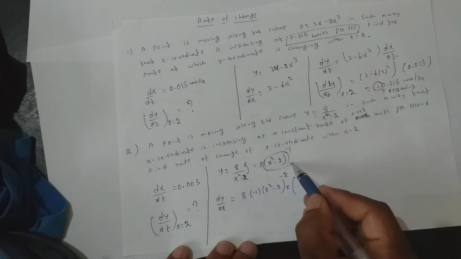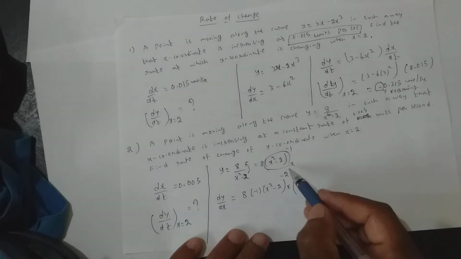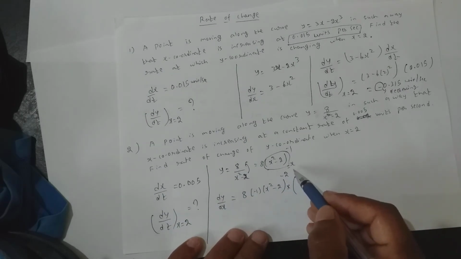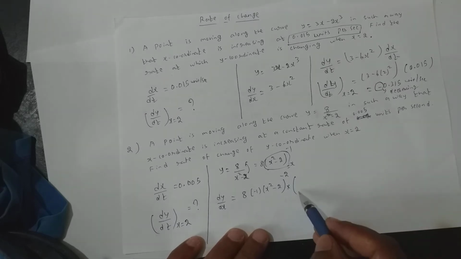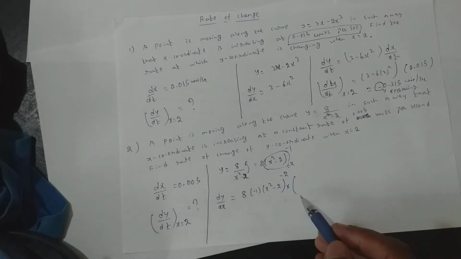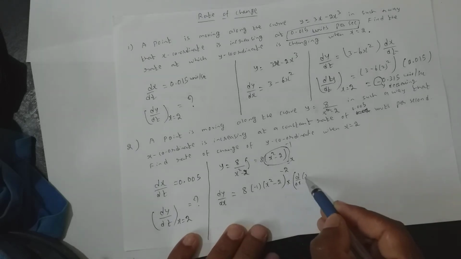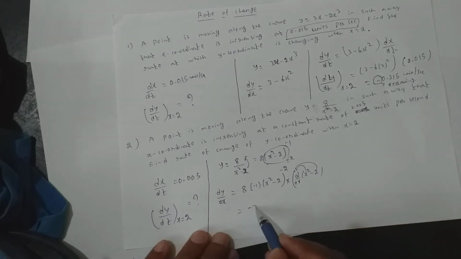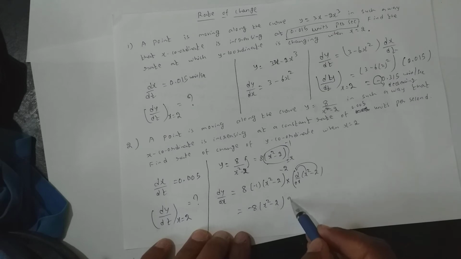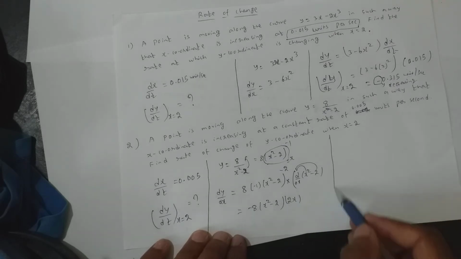Remember this? This entire thing we are assuming to be x and differentiating. So that differentiated once you need to keep it here, into d by dx of x square minus 2. This gets applied to this and also to this. So it is minus 8 into (x square minus 2) into, for x square it is 2x and for 2 it is 0, which I am not writing.